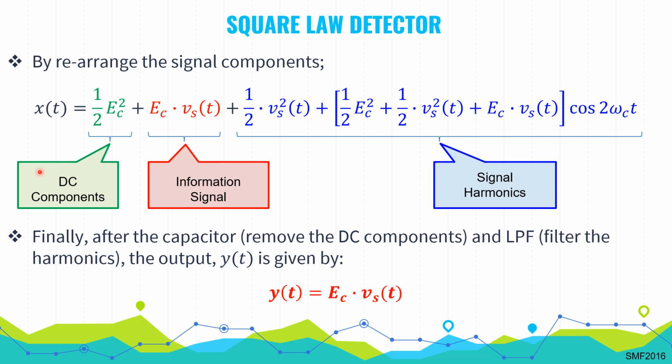This equation contains: 1. DC components, 2. The information signal, E_C times V_S of t, and 3. Signal harmonics at 2 omega_C.